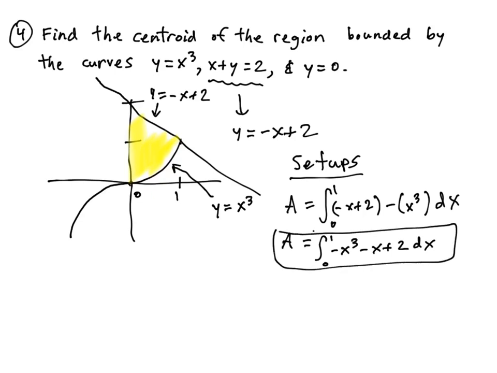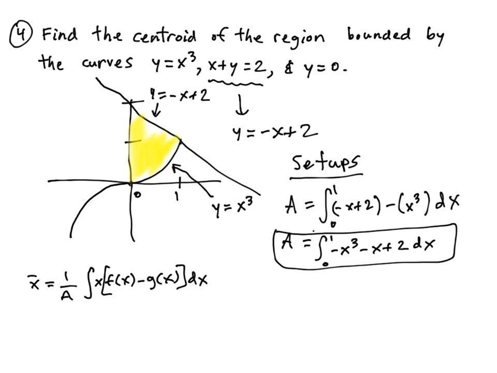This is the area. And then let's go ahead and write x bar. X bar is 1 over the area times, and we've got to be careful here because we are going to do a subtraction. Remember, it's going to be the integral of x times f of x minus g of x. We have to subtract the two functions.